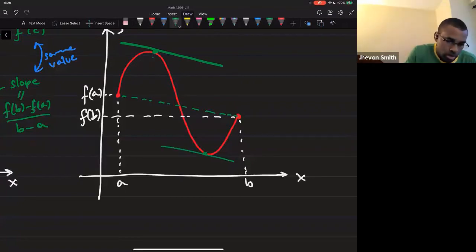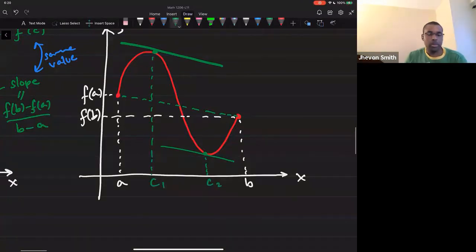Right, so this is a possible C here. This is a possible C here. Right, and so that's basically what this theorem says.